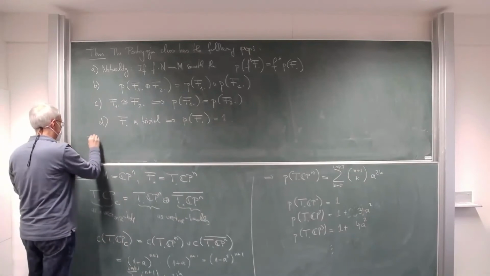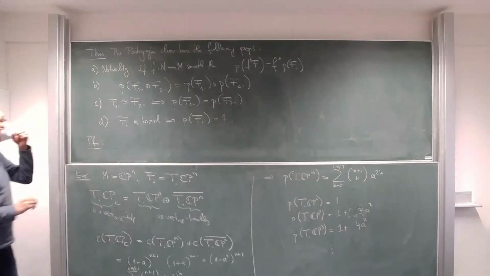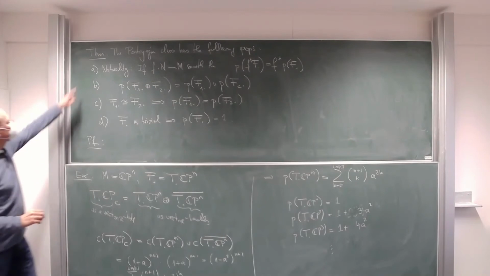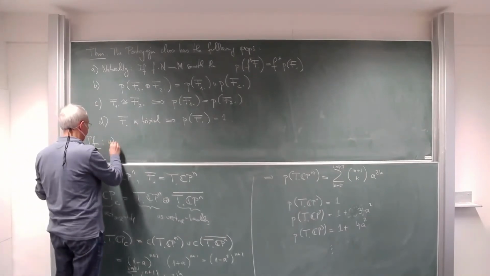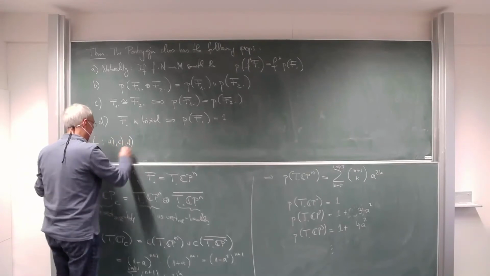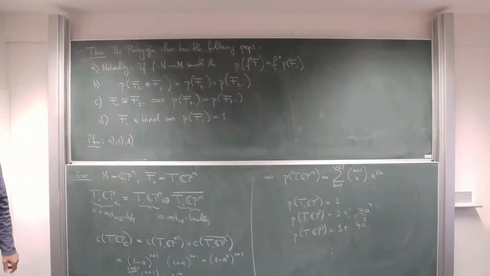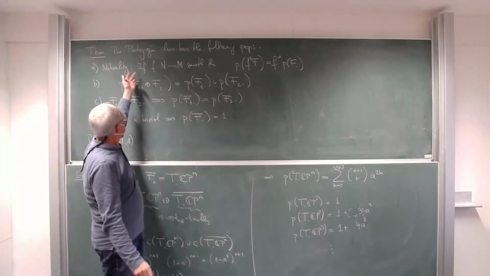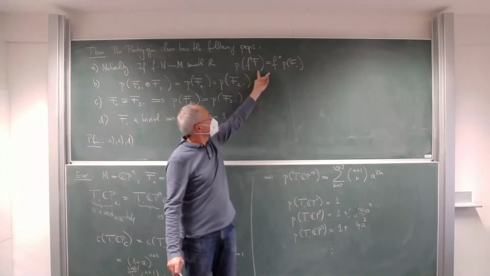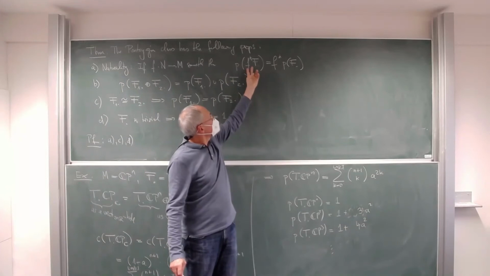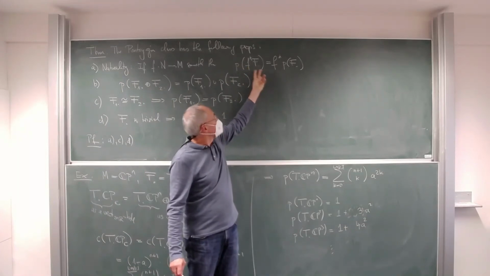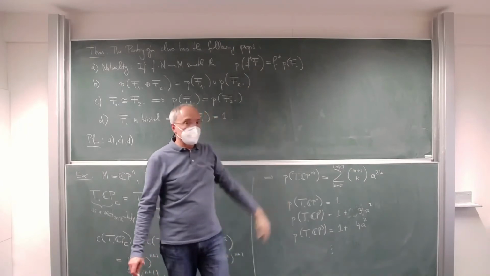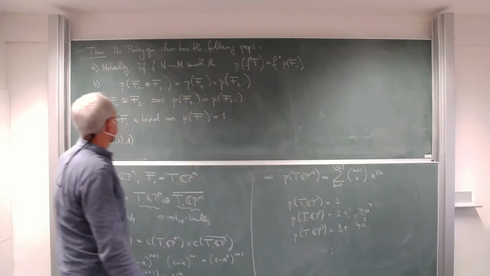So let's see. Proof. Actually, A, C, and D follow directly from the corresponding properties of the Chern class. Because the Chern classes are natural, and complexification and pulling back commute. And so from the naturality of Chern classes, we directly get the first one.